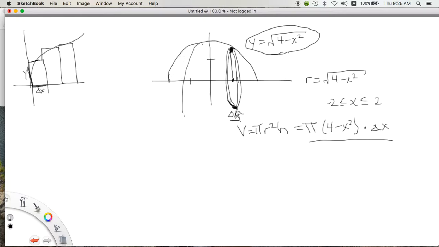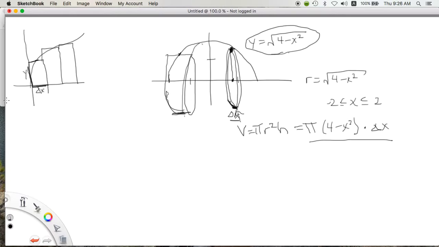Now, if we're just doing big cylinders and our delta x is just 1, it's not that big of a deal by hand. But once again, it's kind of tedious if we're going to do little cylinders. And remember, the more little cylinders, just like the more little rectangles we have, the easier it's going to be to get a good approximation.